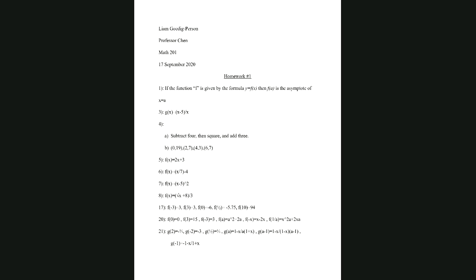For number 21, you got the function g of x equals (1 minus x) over (1 plus x). For g of 2, g of negative 2, g of half, and g of a, I plugged in the x, the inner function, into the outer function.